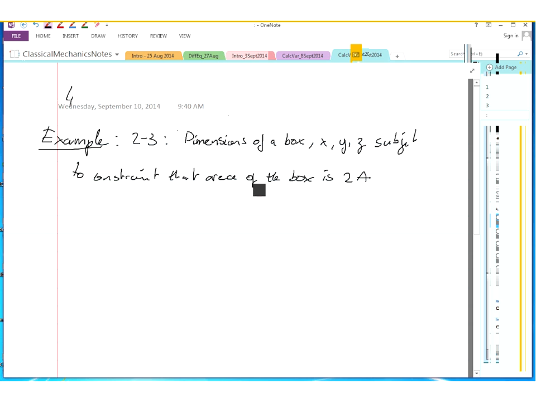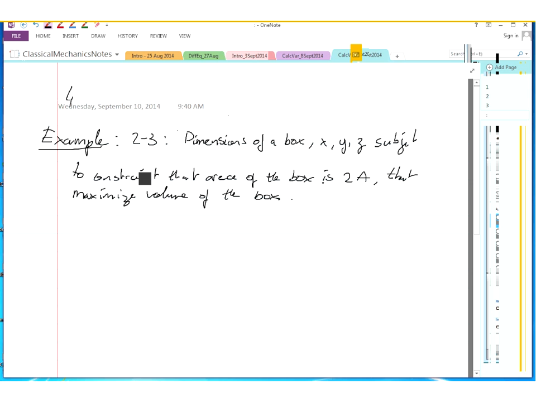Of course, this is a stationary value problem, right? So we want the dimensions of the box x, y, z subject to the constraint that, in this case, let's say that we maximize the volume of the box. So in other words, you have a limited amount of cardboard, and you want to make the box that will hold the most stuff. All right?